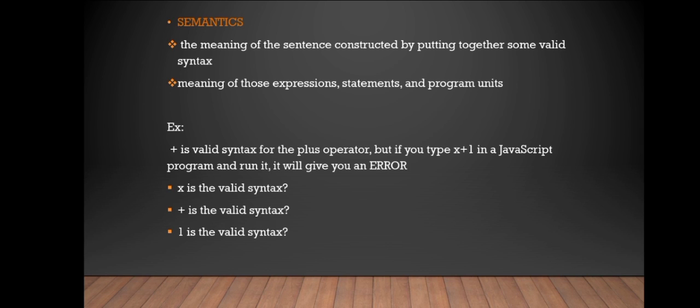So x is valid syntax, plus is valid syntax, and 1 is valid syntax. For this, my explanation is that JavaScript will give you an error because the x doesn't have a numerical value.